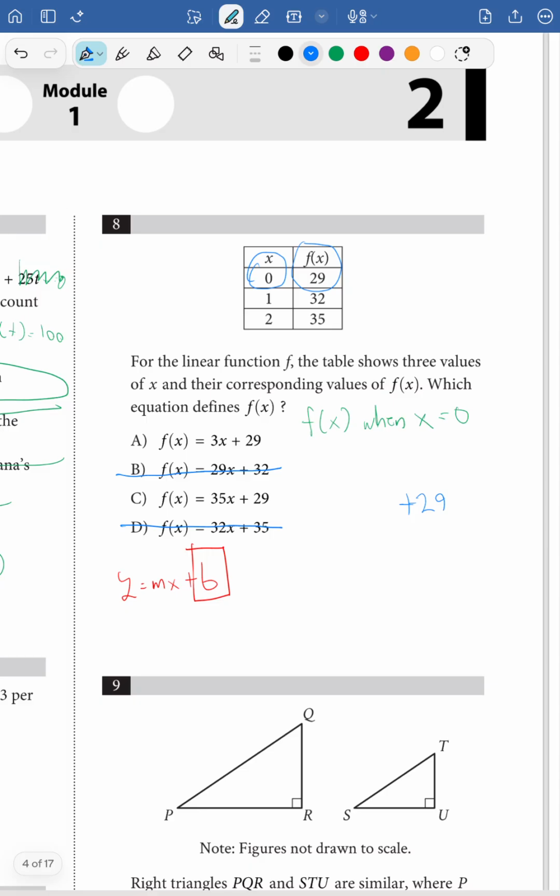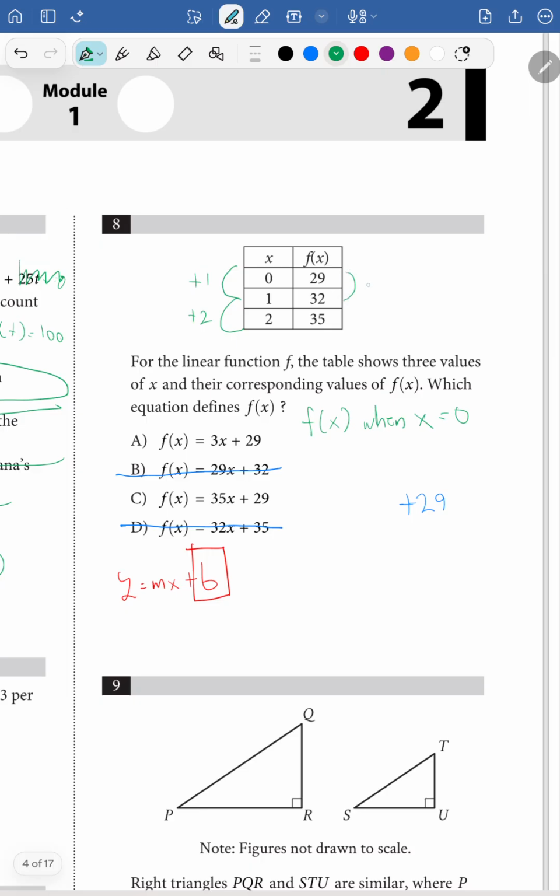So we have 29, and what you want to do here is look at the differences between each value. So let's focus on x first. From 0 to 1, we have 1. From 1 to 2, we have 1. Oh, I made a mistake earlier. From 29 to 32, we have 3.